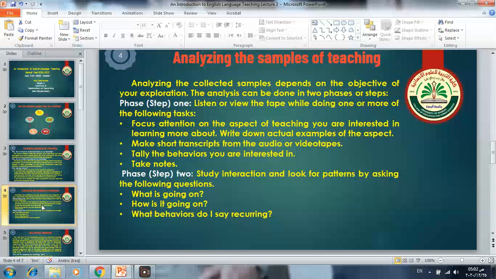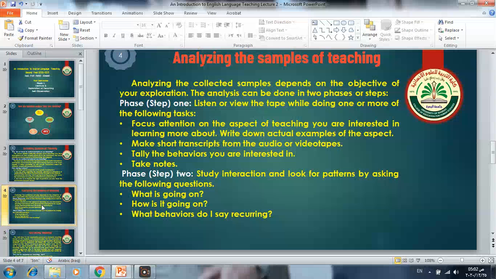You listen to the whole audio, you view the whole video, but you focus your attention on the specific aspect you are exploring. And you write down actual examples of the aspect. So you write down the kind of questions you asked, the actual ones as they are used inside the classroom.